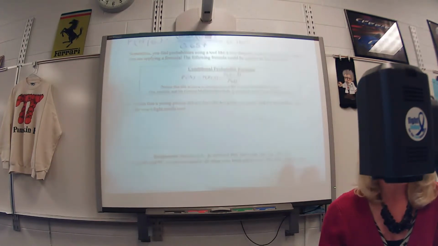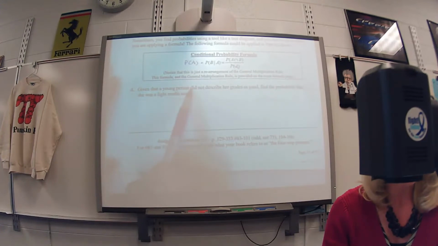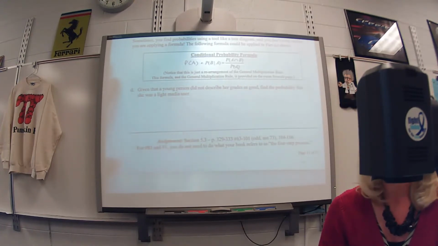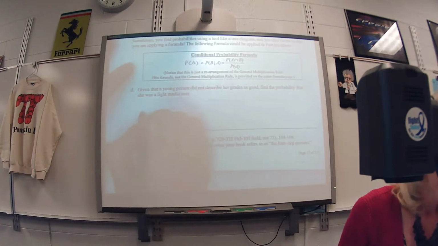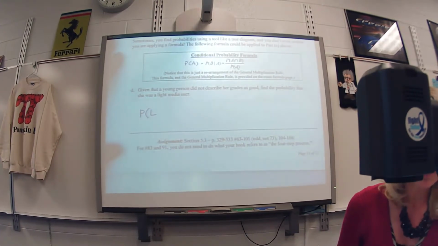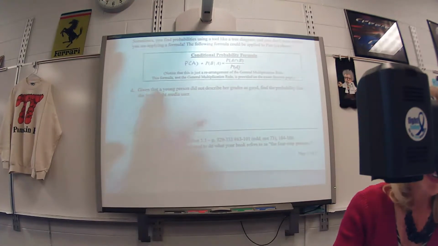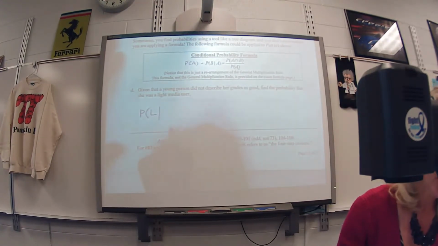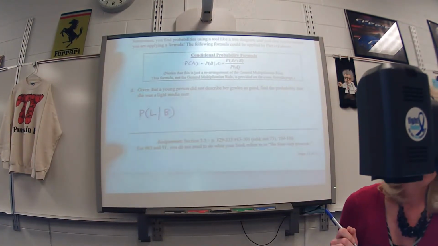They might just go for it, and they'll just say, given that a young person did not describe her grades as good, find the probability that she was a light media user. Okay, so the probability that they're a light media user, given the fact that she said her grades were not good, so in other words, the grades were bad.